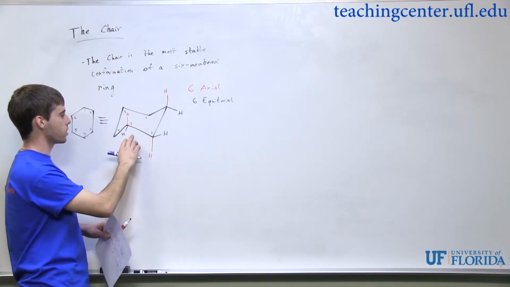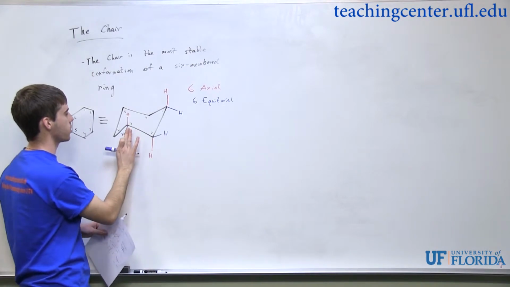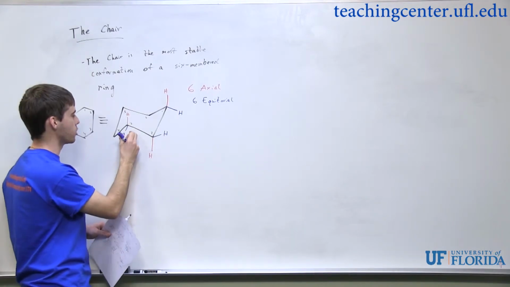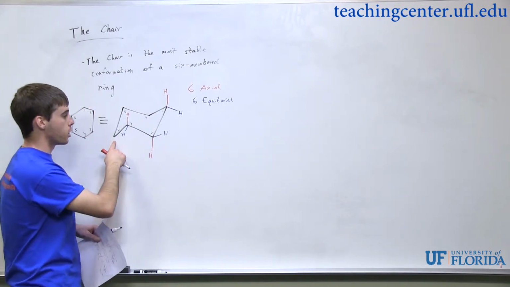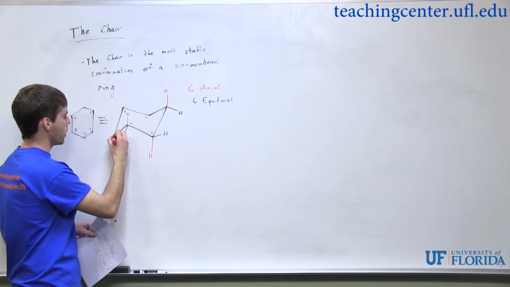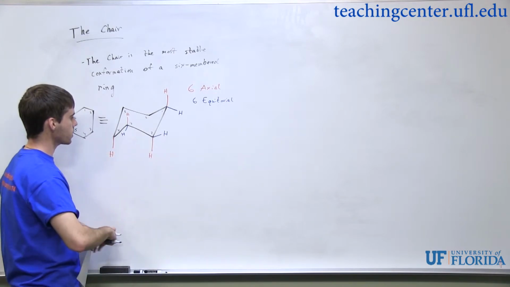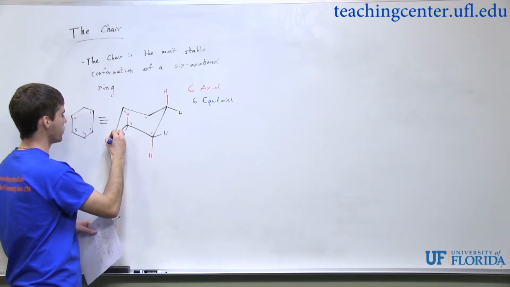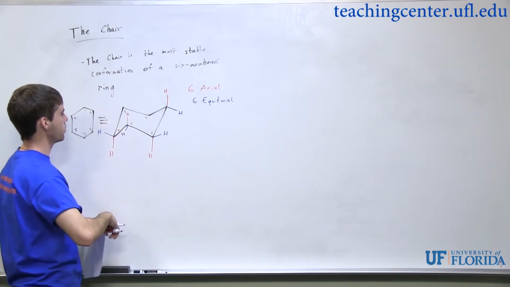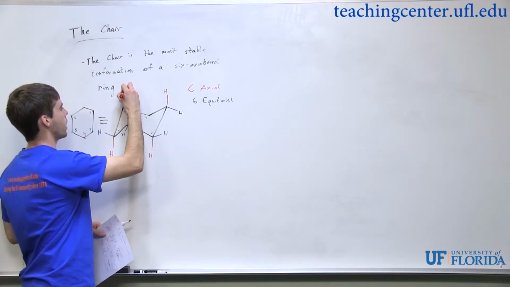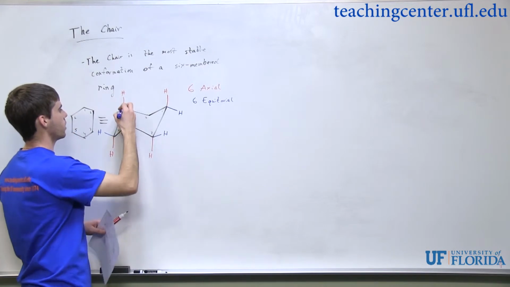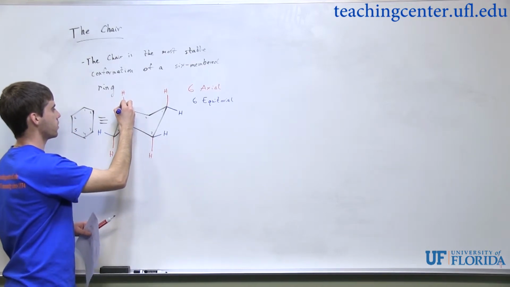It's a little bit tricky to see that distinction just because of the way the chair is drawn. Once we get over here to position 4, we've got the axial back down, equatorial up. Over to position 5, axial up, equatorial down.